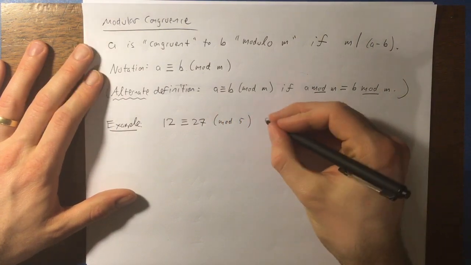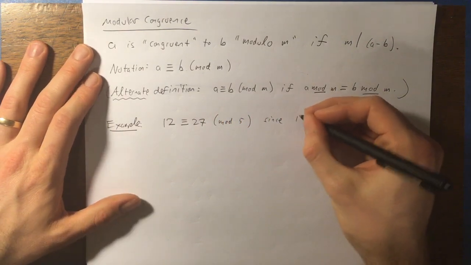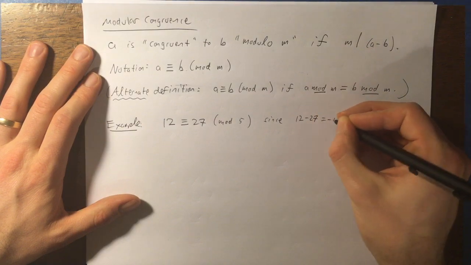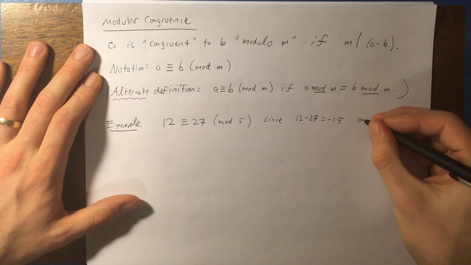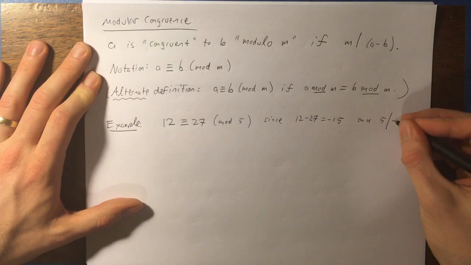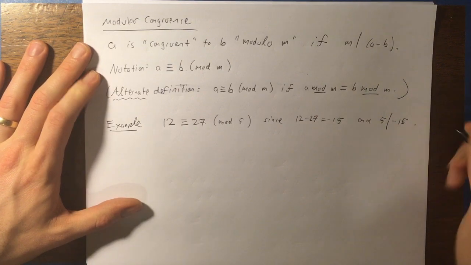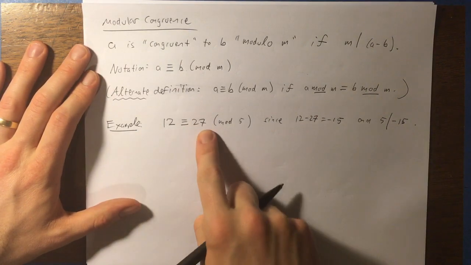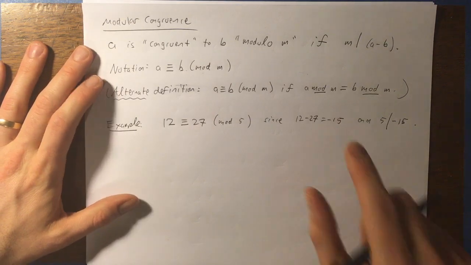Why is that? Since if you take 12 minus 27, you get negative 15, and 5 does divide negative 15. So the difference between 12 and 27 is negative 15.